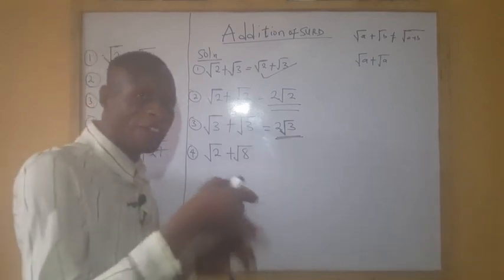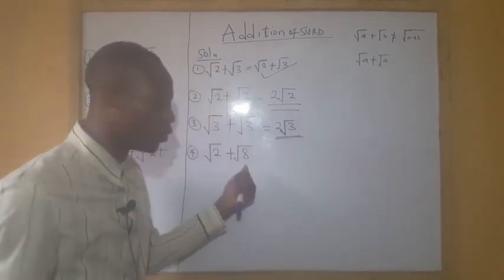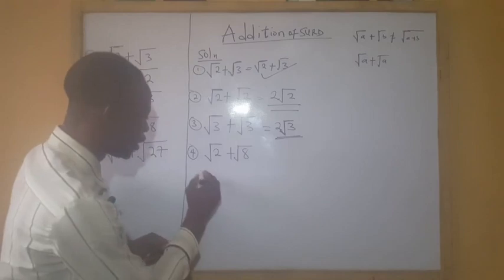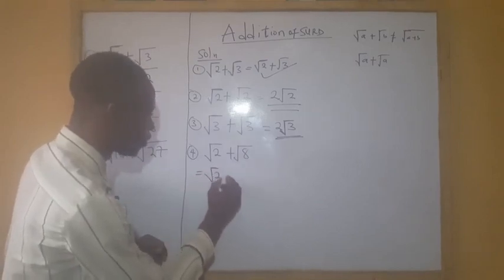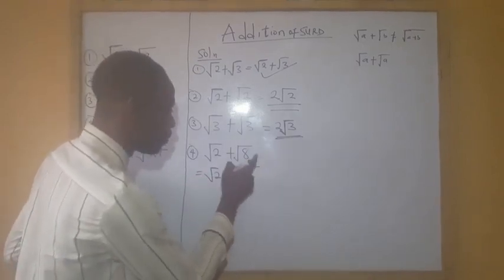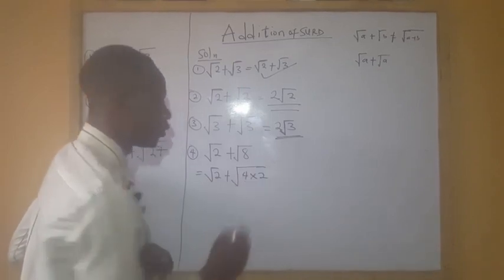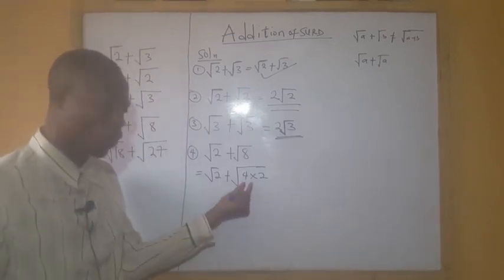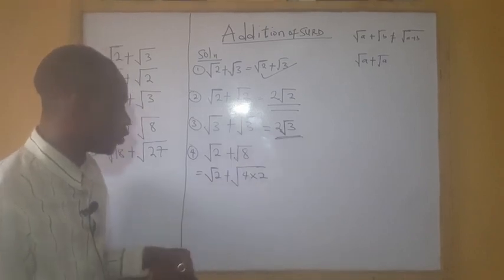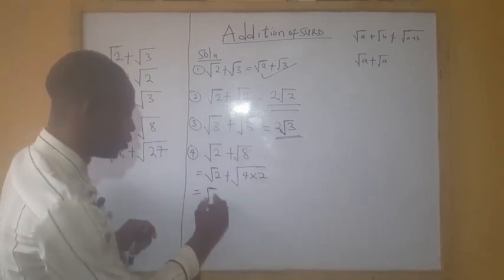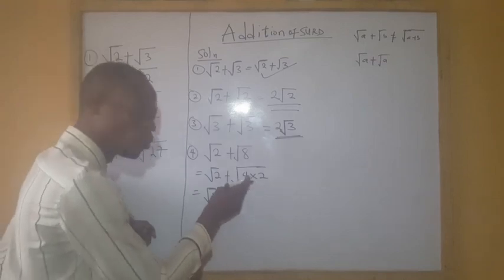So the perfect square factor there is simply 4. So we can say this is equal to root 2 plus root of 4 times 2. So we have root 2 plus the square root of 4, which is 2.